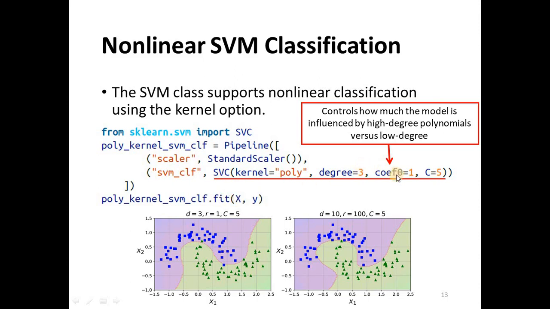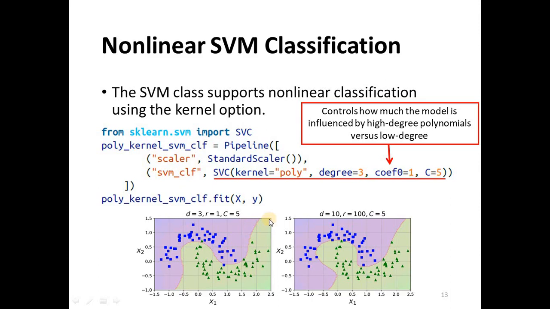Here we also have the coefficient 0 parameter, which is used to control how much the model is influenced by high degree polynomials versus the low degree. With larger numbers, the model is affected more by high order terms in the polynomial. This is the C parameter, and here we have two models.